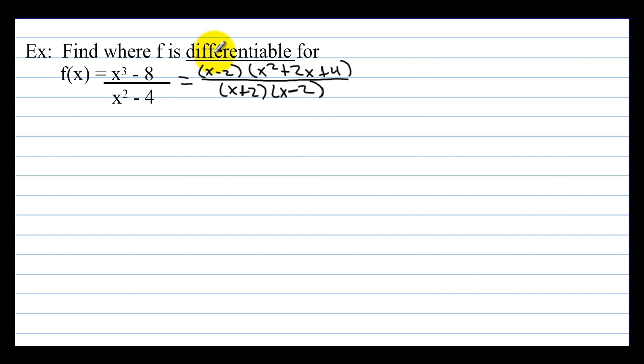The function is differentiable everywhere except for 2 and negative 2. There'd be a hole at 2. There'd be a vertical asymptote at negative 2. So f is differentiable from negative infinity to negative 2, union with negative 2 to 2, and then union with 2 to infinity.